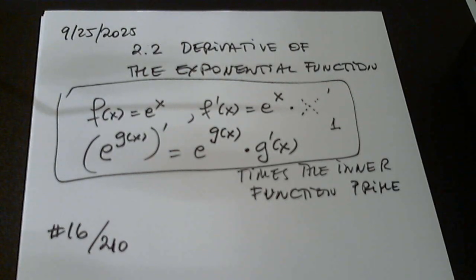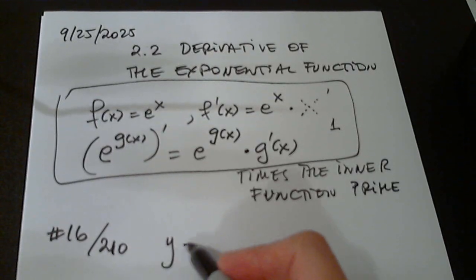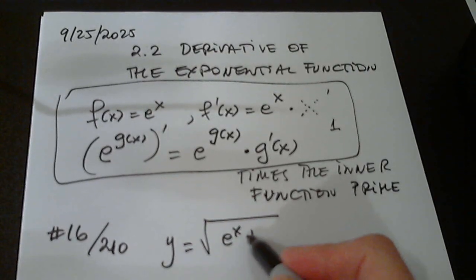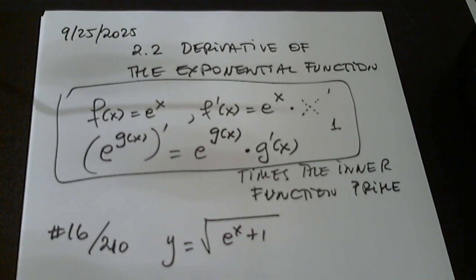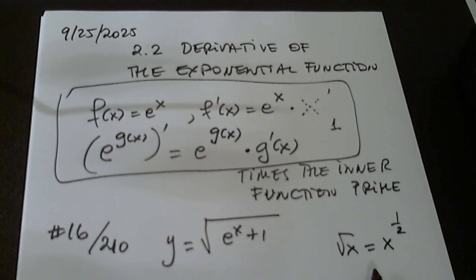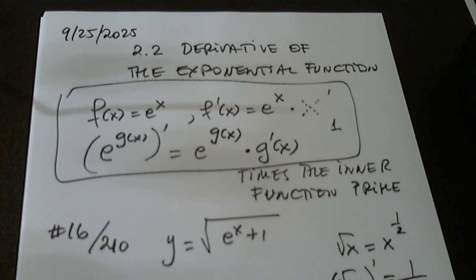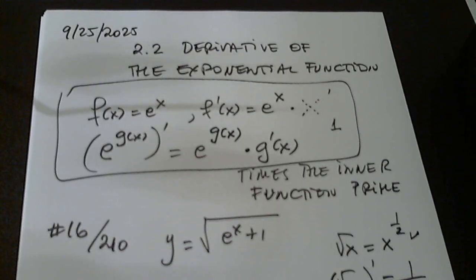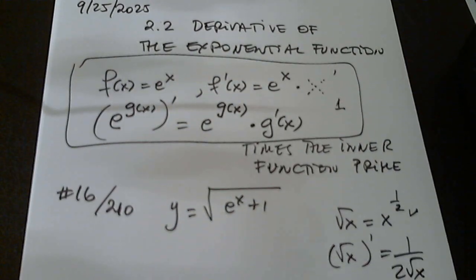Okay, so let's say, where are you, 16? Perfect. Excellent. y equals the square root of e to the x plus 1. I saw students still change the square root of x into x to 1/2. I'm not saying it's wrong, but the easiest thing is to write this. You can differentiate like that, but it's more cumbersome. If the index is anything else but 2, you have no choice. But this is the simplest one, so you shouldn't waste your time with it, but it's up to you.